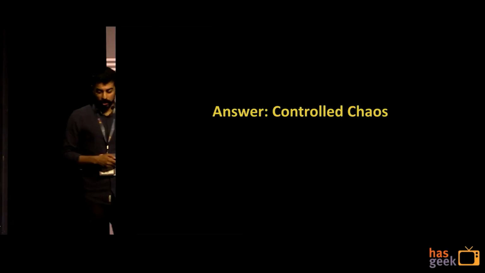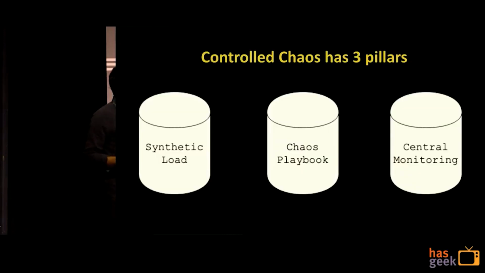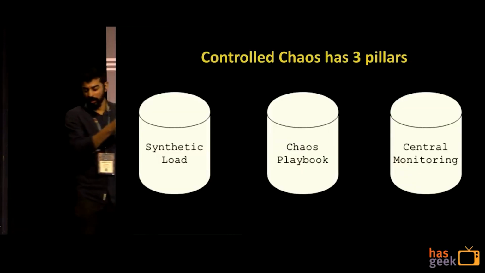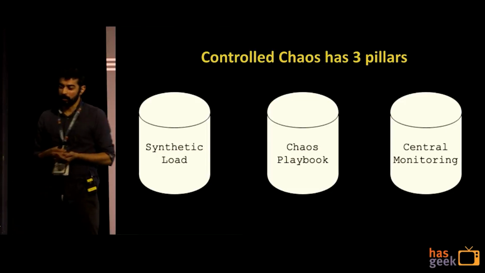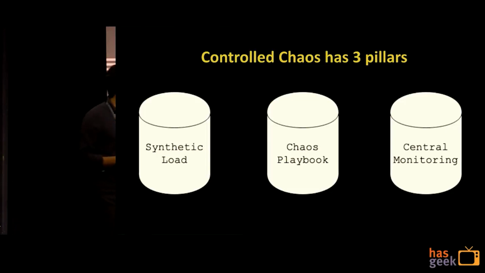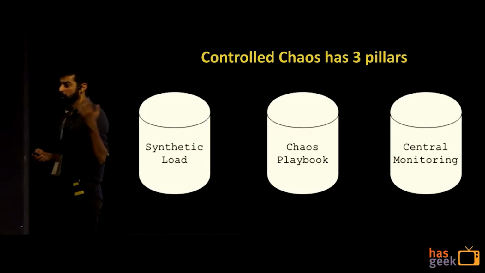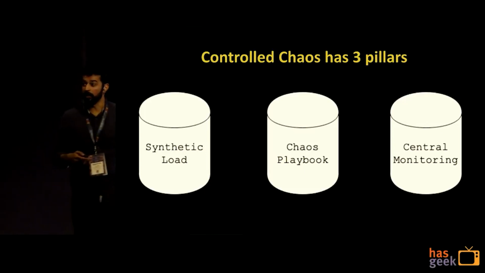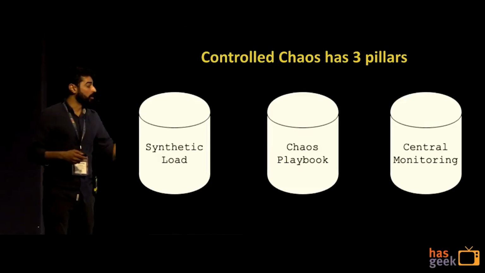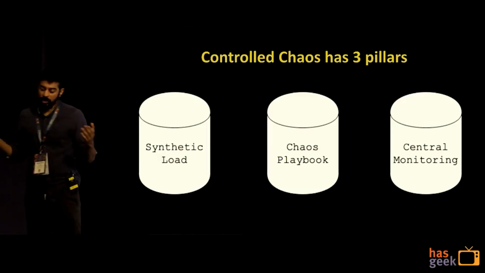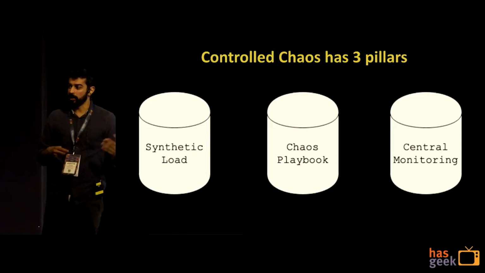So control chaos: the idea here is that you split up your chaos engineering efforts into three distinct pillars. The first pillar is generating synthetic load, so load that can help you capture user traffic to a system and simulate it in a way that gives you a really good chance of catching any particular use case that a user might hit.